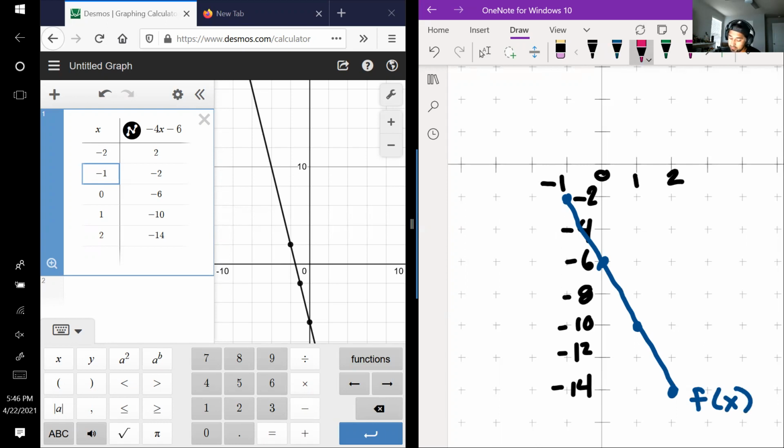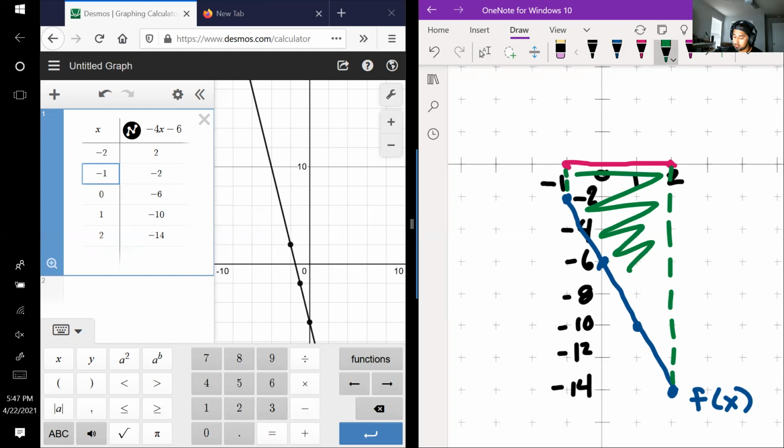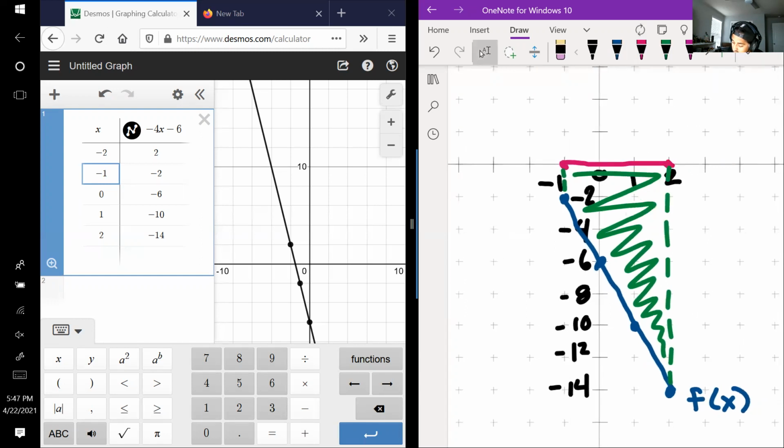And then g of x, which is going to be the y equals 0, is again another horizontal line from negative 1 to 2. And we are finding the area between these two functions. This is g of x again.